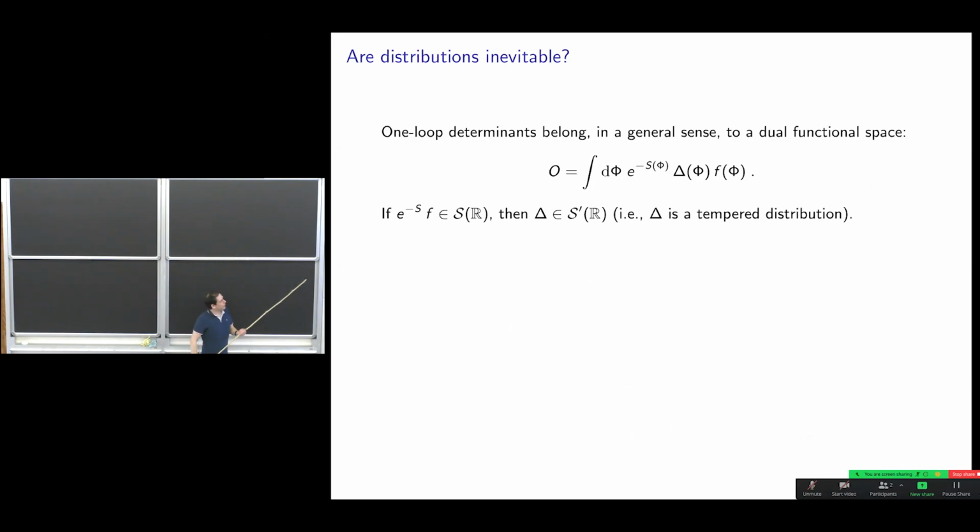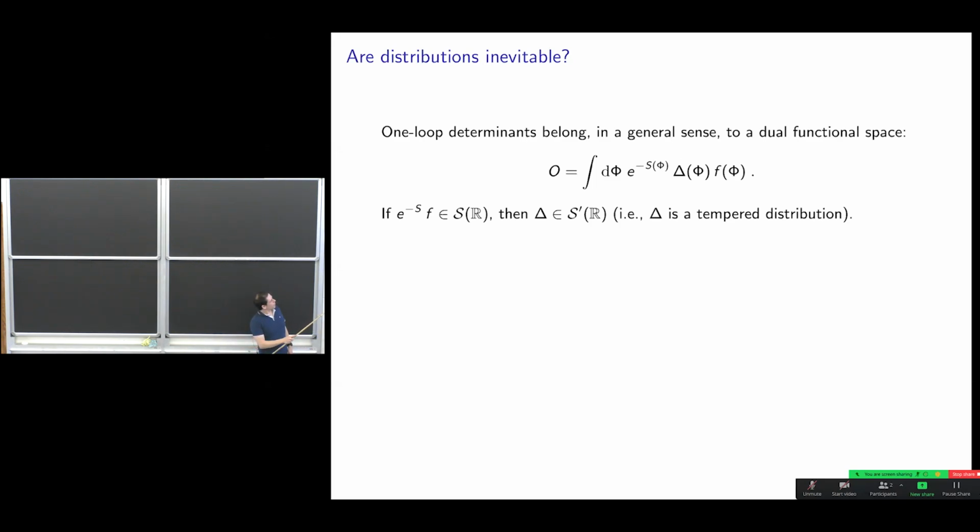But more generally, I think that one-loop determinants belong to a dual functional space. So this is a general structure that comes from localization, where you have this exponential part where you evaluate the action on this bosonic moduli, you have a potential insertion here of observables, and then you have the one-loop determinant.